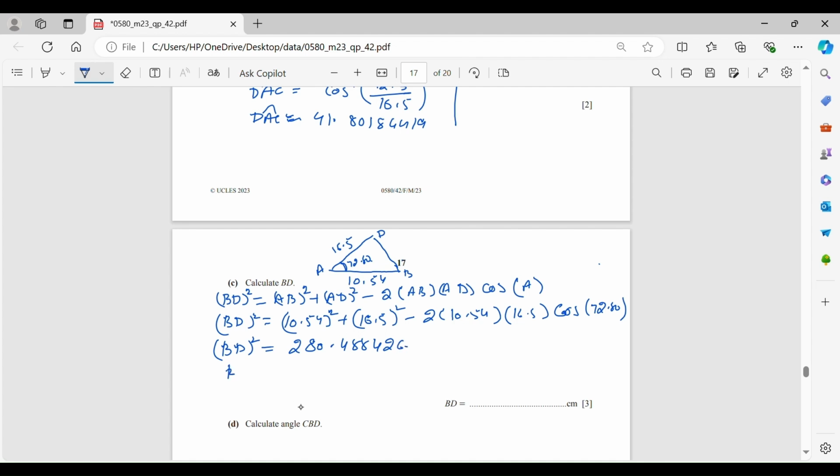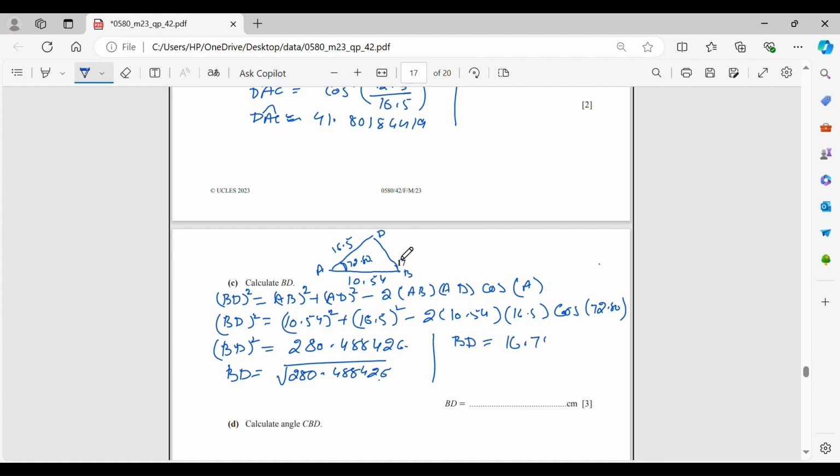Now BD will be equal to root of 280.488426. Now BD will be equal to 16.74778886.